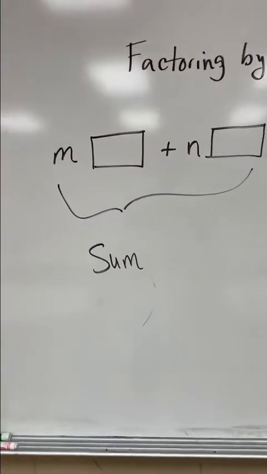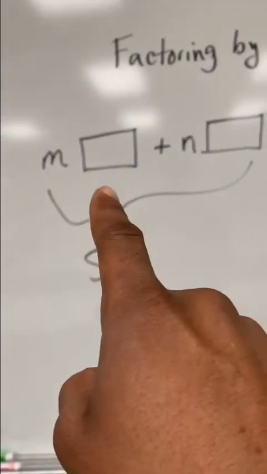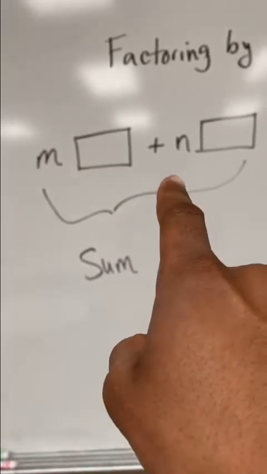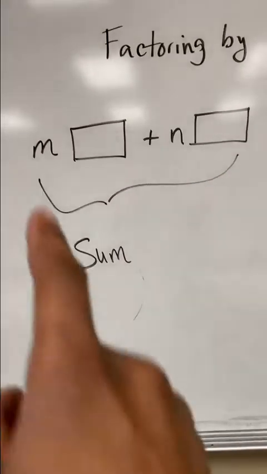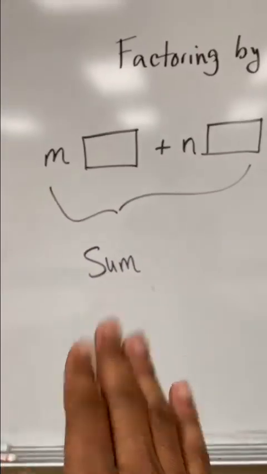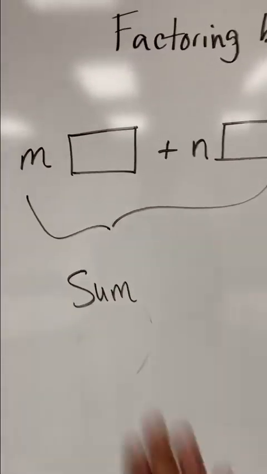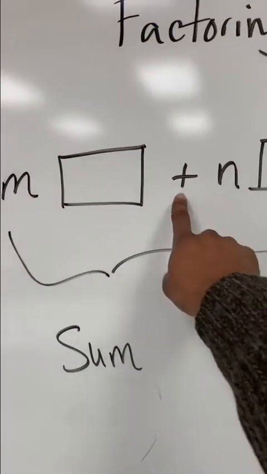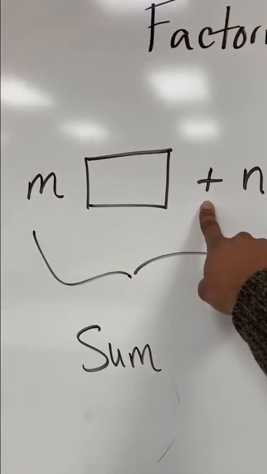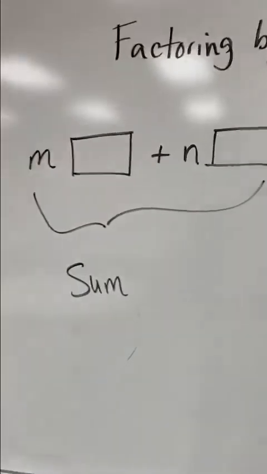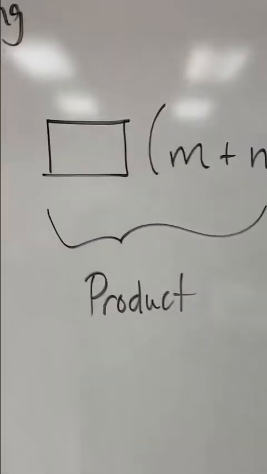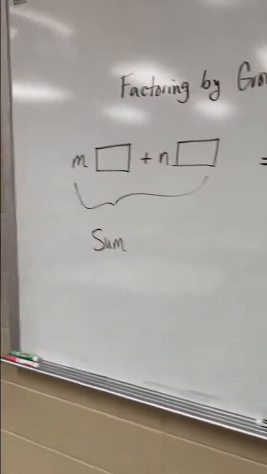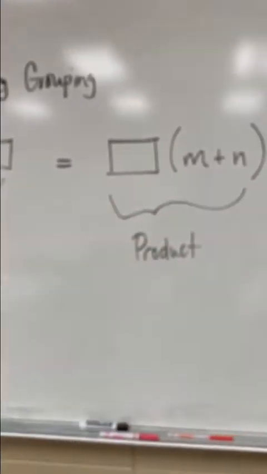Now, if you have M times a box plus N times a box, this whole expression is a sum. I know it looks complicated, like it's a lot of stuff going on, but there's really one main thing going on here: a sum. Now, the equivalent or shortened version of this is this.